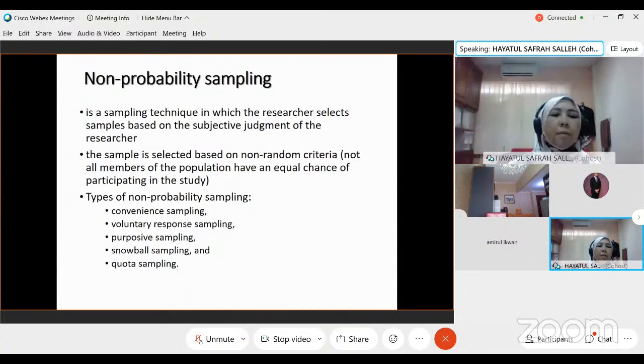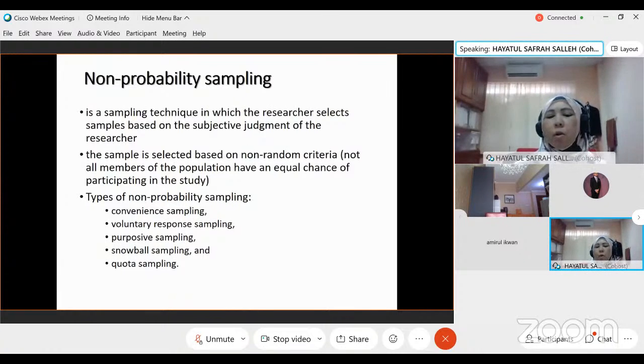For example, you want to study a coastal community in Malaysia. Sometimes you cannot use probability sampling because maybe at that time in Kelantan there is a monsoon, raining or flood, so you cannot go there.